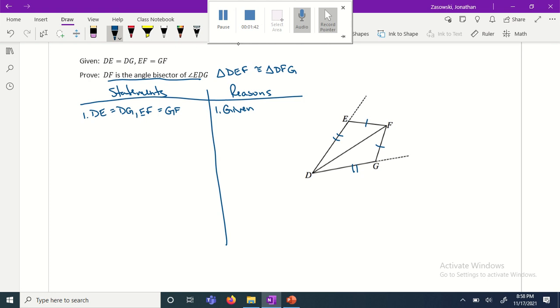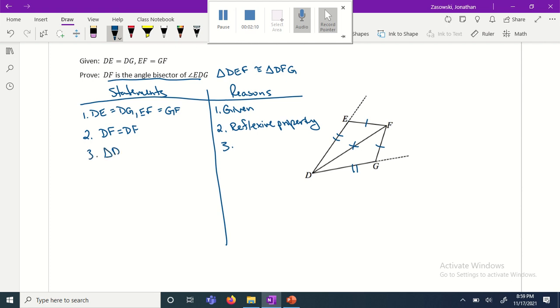All right, so how are you going to get these two triangles congruent? Hopefully you recognize that you don't have any keywords in the given. If we look at our picture, we see that shared side in the middle. So you should have said that DF is equal to DF. That's reflexive. And then do we have enough to get the triangles congruent? The answer is yes.